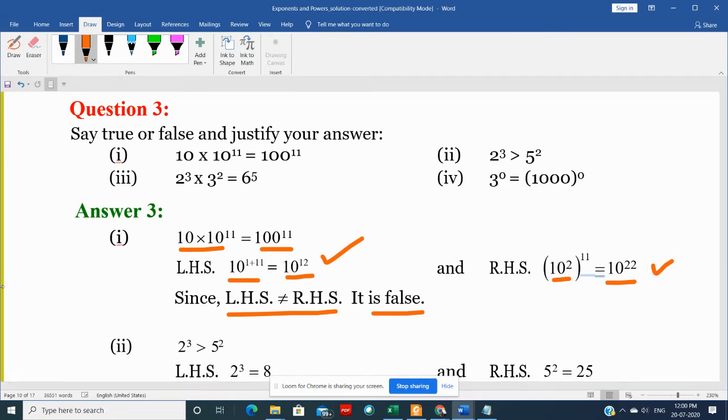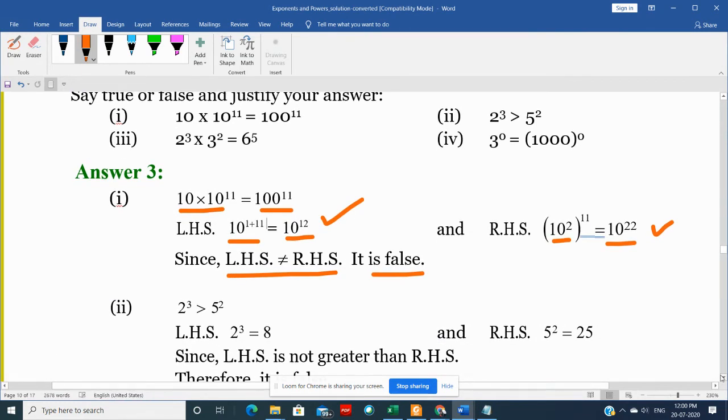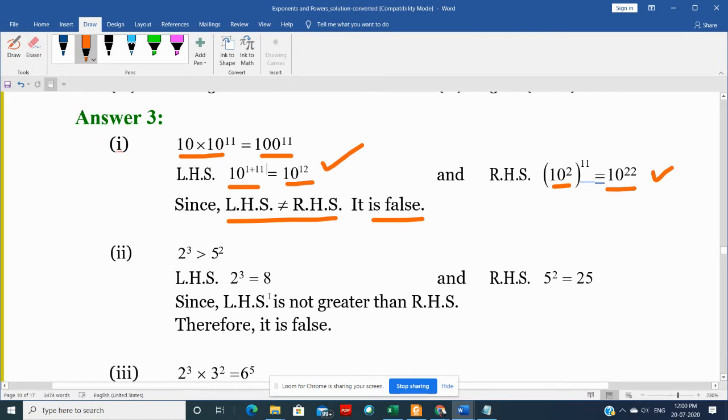It says that 2 cube greater than 5 square. Now this is easy. You can simply solve and get the value of it.